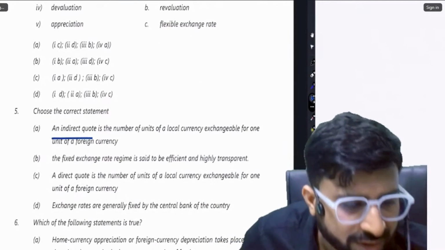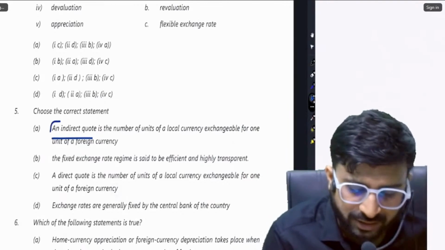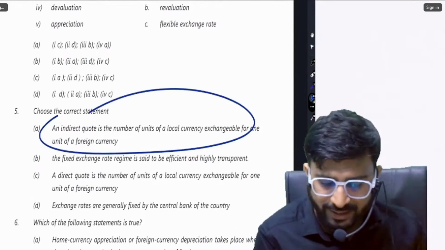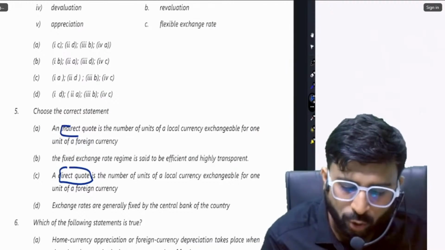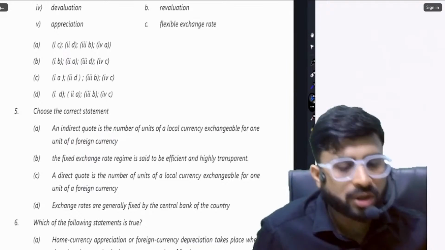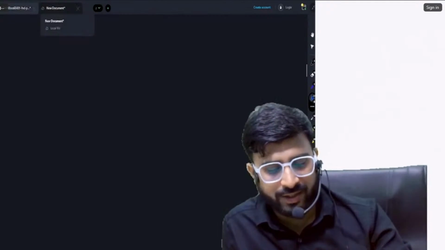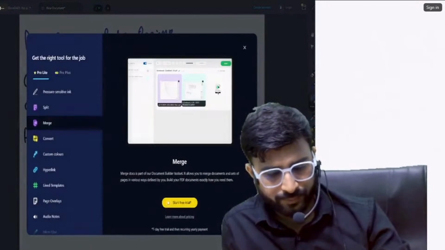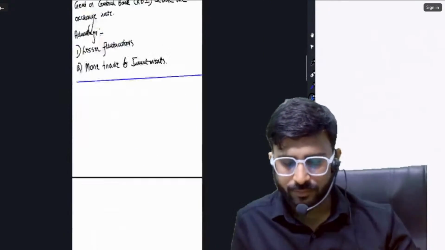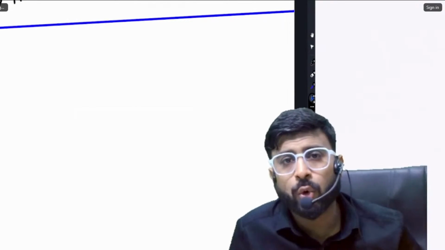So it has become necessary for me to explain what a direct quote and an indirect quote are, as given in the ICAI material. I'm not saying this is the correct answer, but the words direct quote and indirect quote are there. Are you ready, everybody? Put the heading: direct quote and indirect quote.